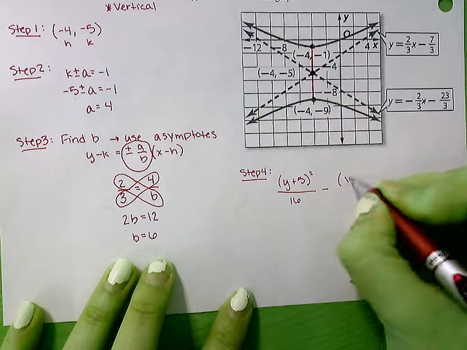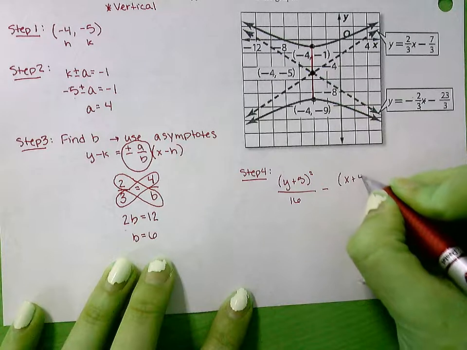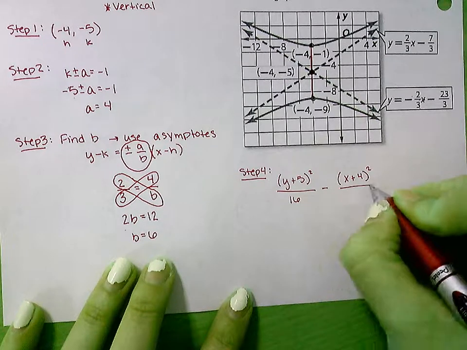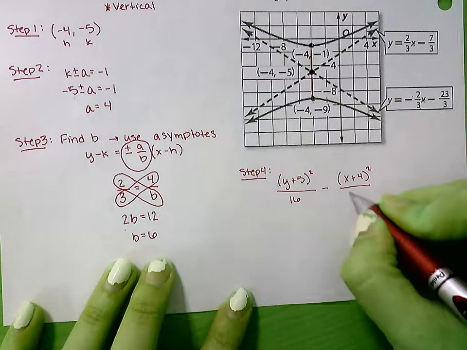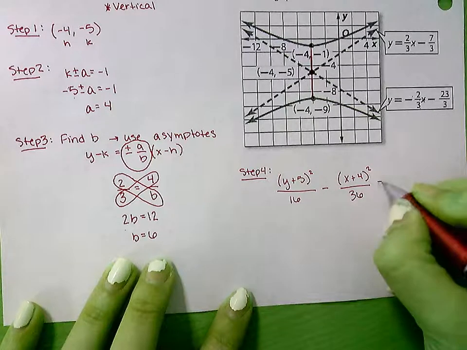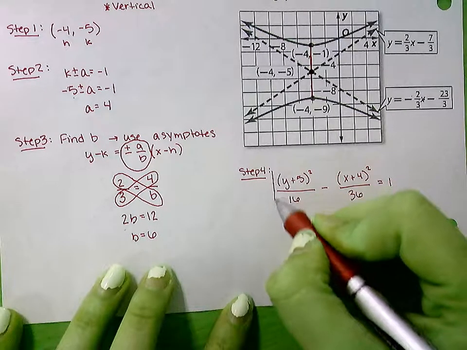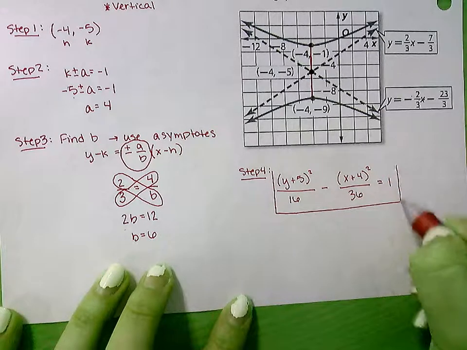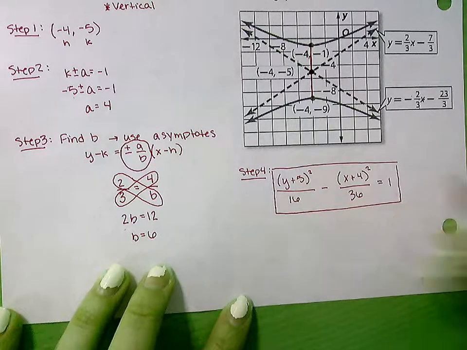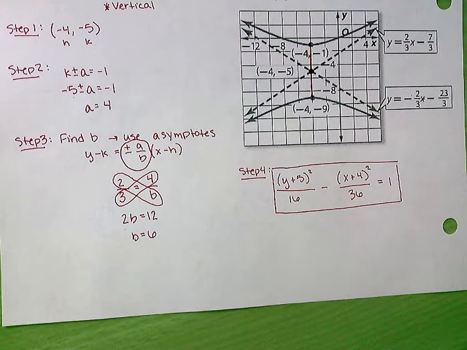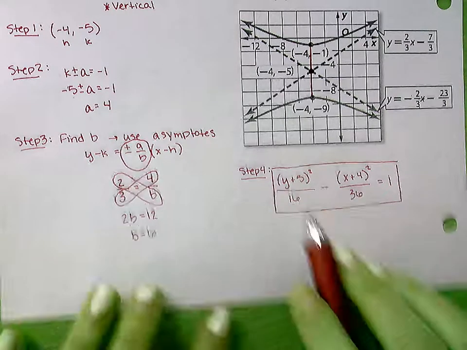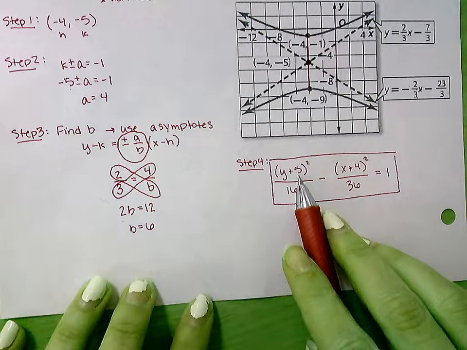Subtract x minus h over b squared. And it should, again, always equal 1. It is x minus h, but since h was negative, I turned it into a plus. Is that a 5? So y plus 5. You got a 5? Okay.